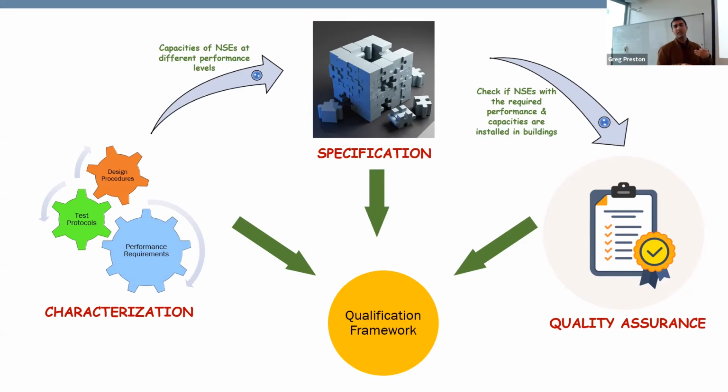So if we need to test a generator for functioning of the hospital, what protocols do we use for its dynamic testing in labs? And once we have this data from characterization, it feeds into a specification document. So what a specification document does is that it outlines different components available for the same function in the New Zealand industry.